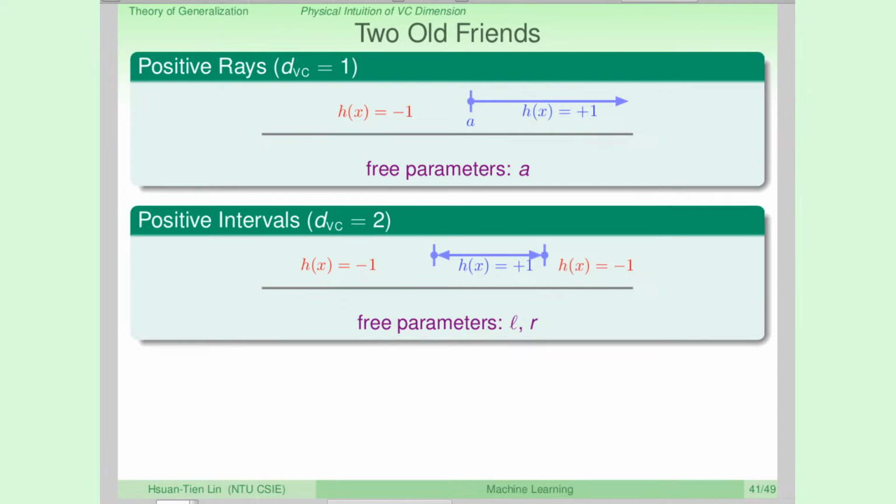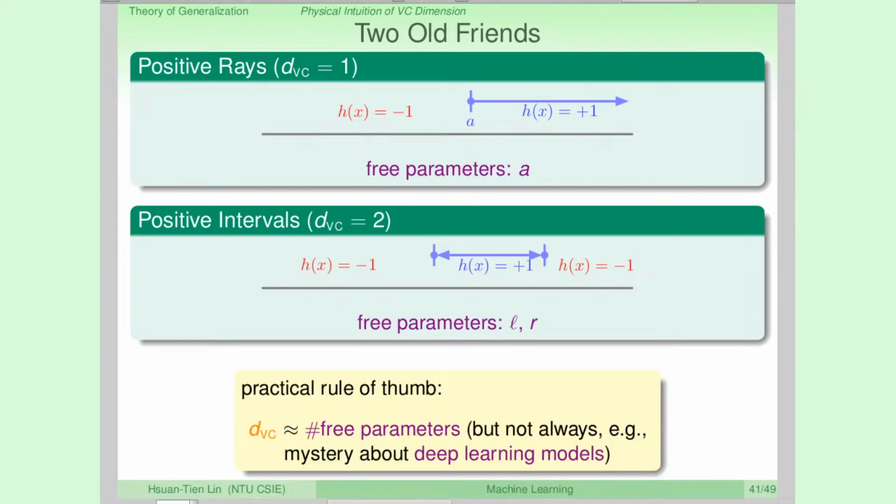And perceptrons have d plus 1 free parameters, and the VC dimension equals d plus 1. So a practical rule of thumb is that the VC dimension can be roughly viewed as the number of free parameters, or the number of effective free parameters.